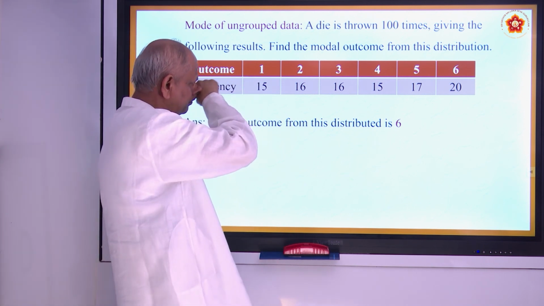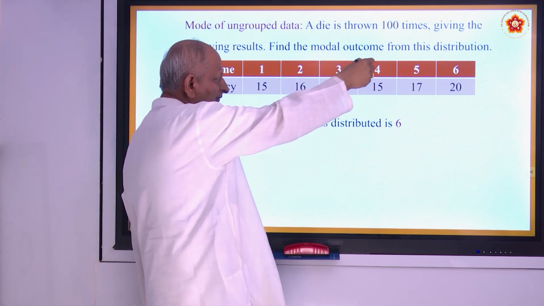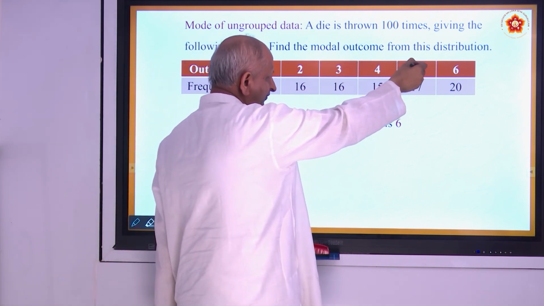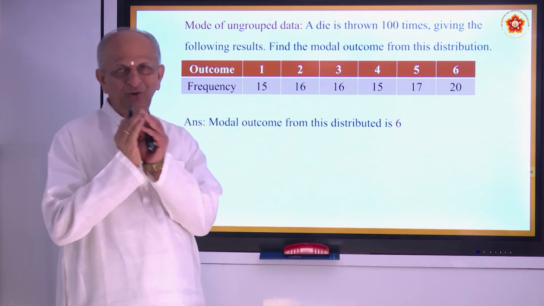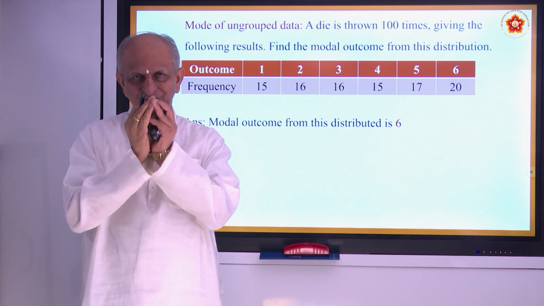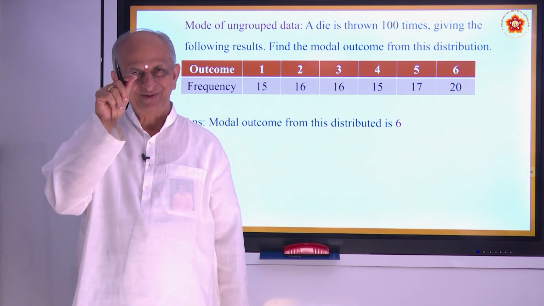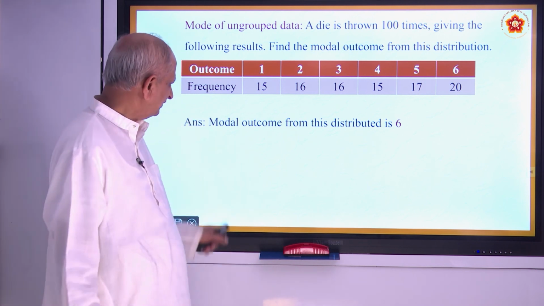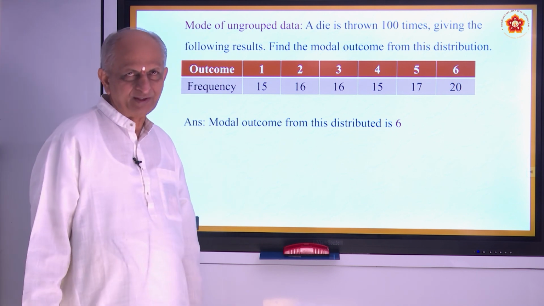Number 2, 16 times, number 3, 16 times, number 4, 15 times, number 5, 17 times, number 6, 20 times. You know how to do it. You just shake like this and put it. Then it shows some face, top one. That you must take. So the modal outcome from this distribution is 6. That's all. Okay.